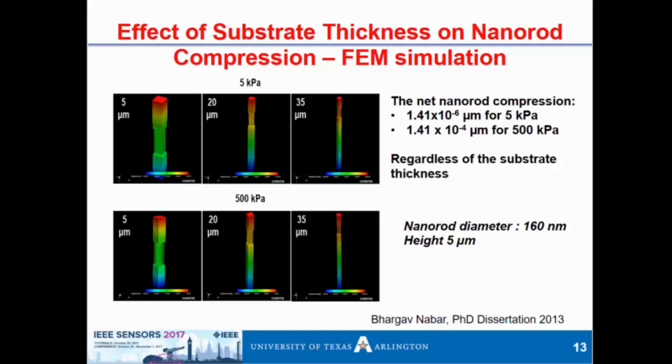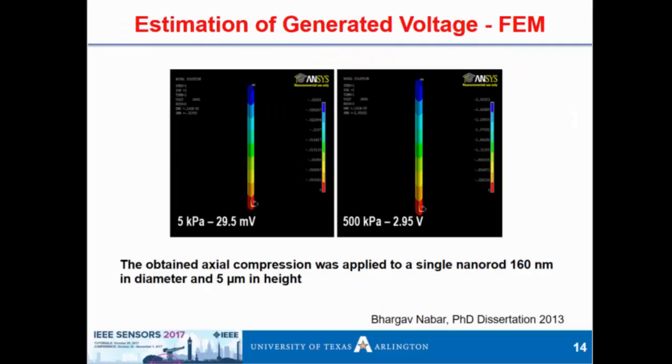And we were able to see that the thickness of the substrate does not really make much difference. By the way, why 5 kilopascals and 500 kilopascals? 5 kilopascals is a feather-like touch. 500 kilopascals is a fist touch. So, tactile range.